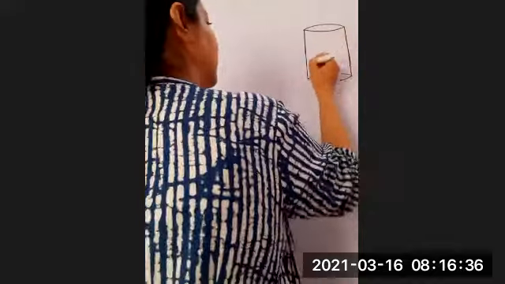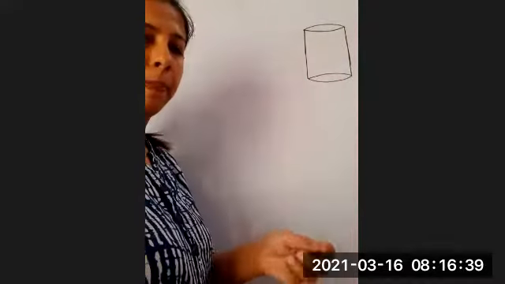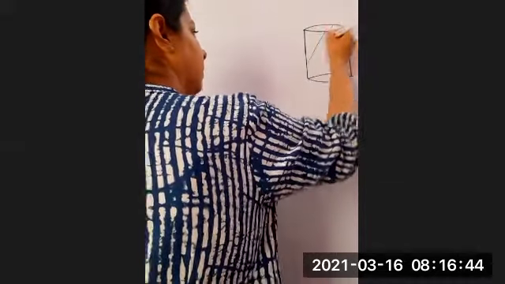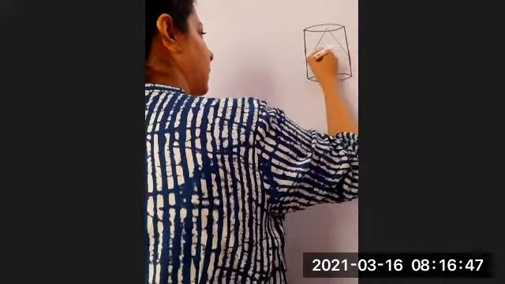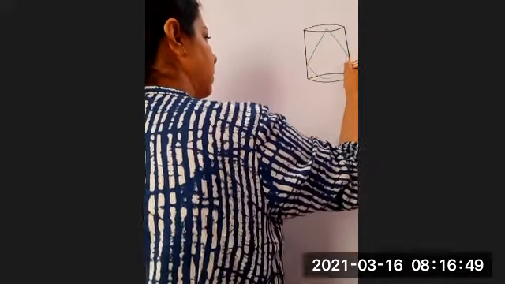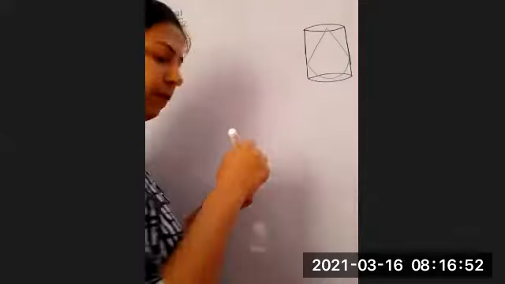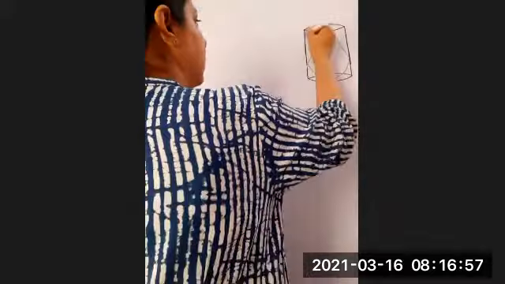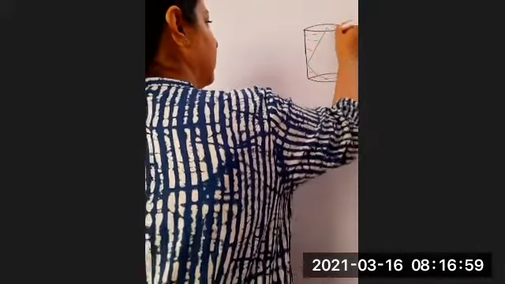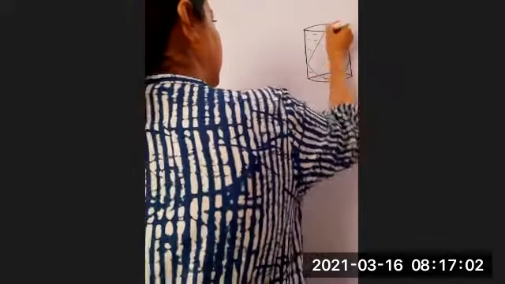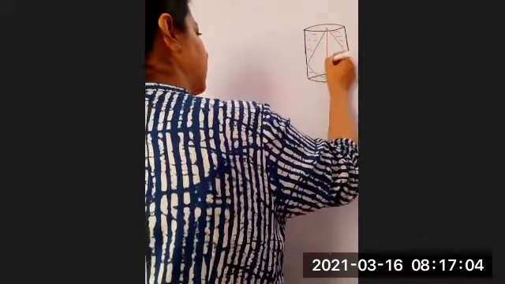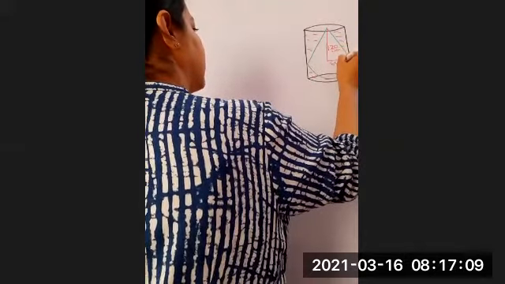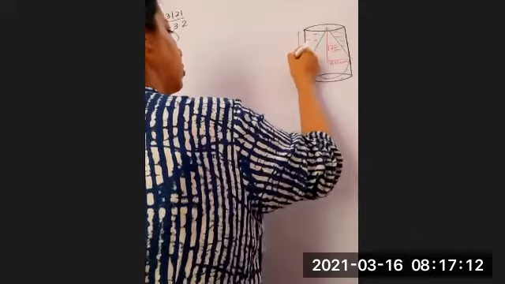Then we have a cone here, and a hemisphere. Also, let us show water here. Till here, it's 120 centimeter. Radius is 60. And this total is 180.